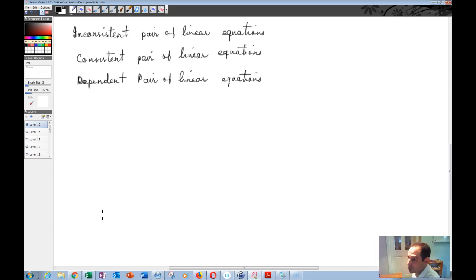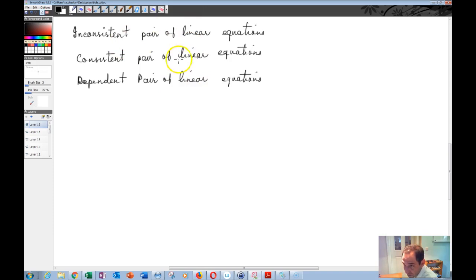Now what we want to do is talk about a couple of different types of definitions related to these lines, and these are useful in the case where the lines intersect, or the lines are parallel, or the lines are coincident.